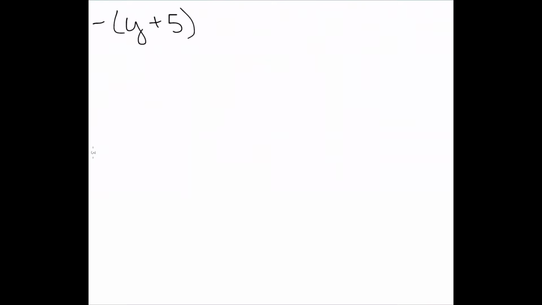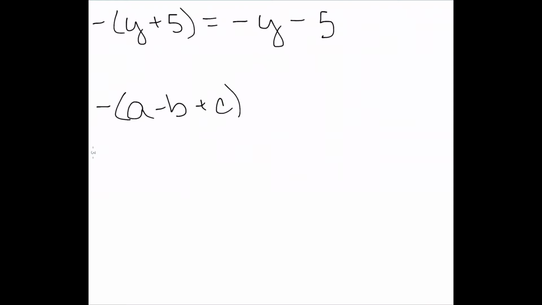Negative (y plus 5) I could rewrite as negative y minus 5. If I have negative (a minus b plus c), I could rewrite this as minus a plus b minus c. A negative sign out front essentially is going to change the sign all the way through.